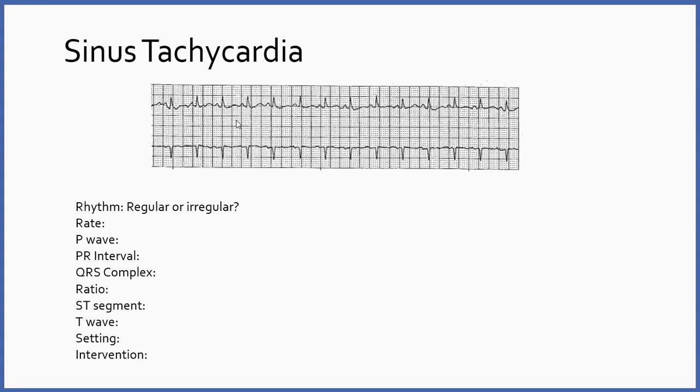I'm mentioning that now because once you have to find the P waves, you always need to look to be sure that they look the same, and the first couple of complexes look kind of wonky, but that's just artifact. Now, we found our P waves, and we know that these weird-looking P waves are artifact; the rest of them look about the same, and so that's a good thing. Measure the PR interval, hit pause, and do that now.